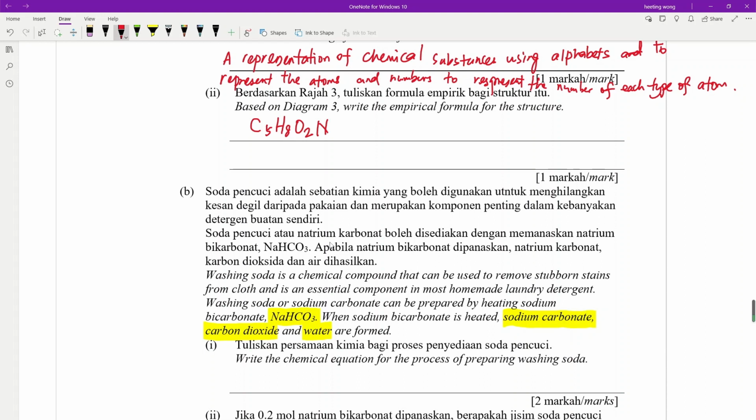Sodium bicarbonate NaHCO3 decomposes to form sodium carbonate Na2CO3, carbon dioxide CO2, and water H2O. Is it balanced yet? Not yet. Na2 here, so times 2 here. Hydrogen 2, oxygen, yeah. Okay, so it's balanced.